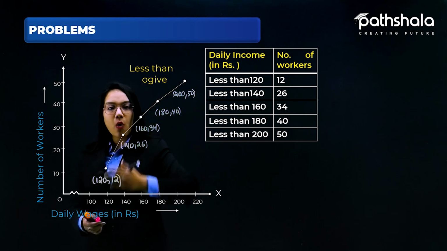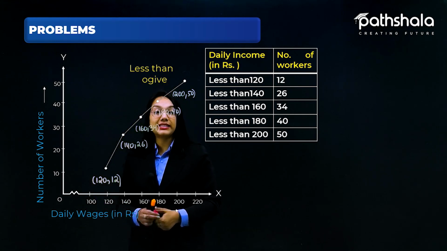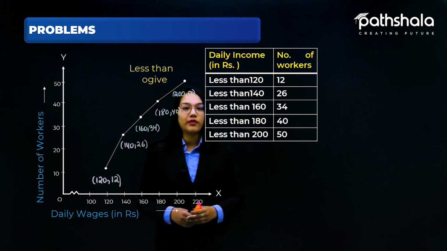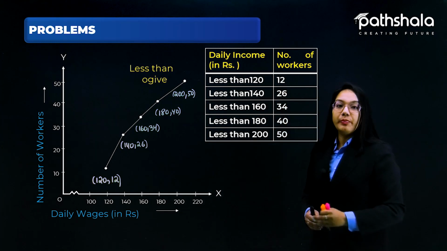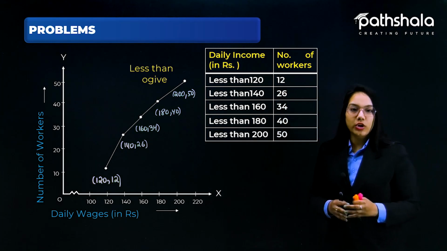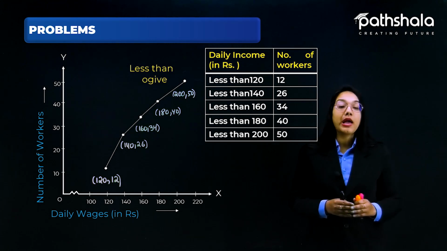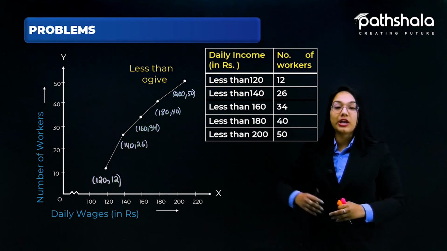After joining all these with a free hand, we get a curve which is called a less than ogive, also called the cumulative frequency curve of the less than type case. So this is all about this question, in which we converted the data into the less than type and represented the cumulative frequency distribution in a graphical manner.